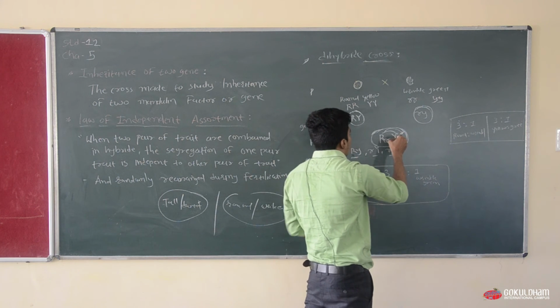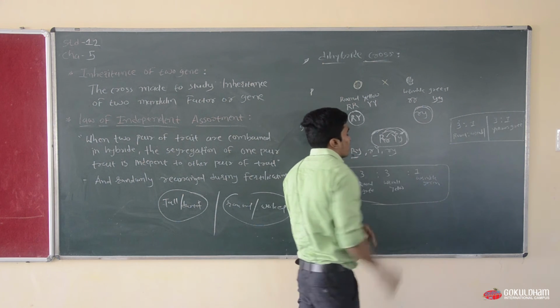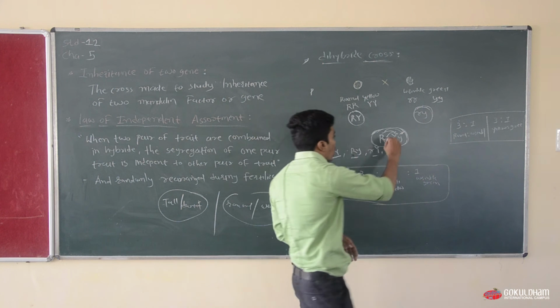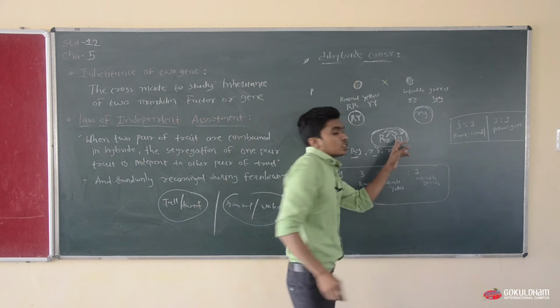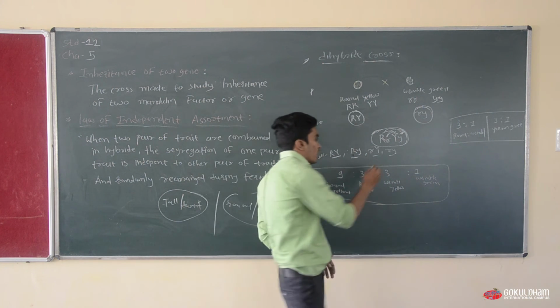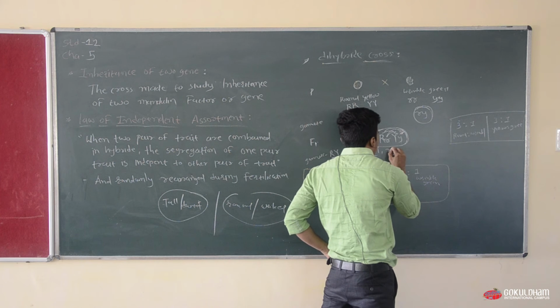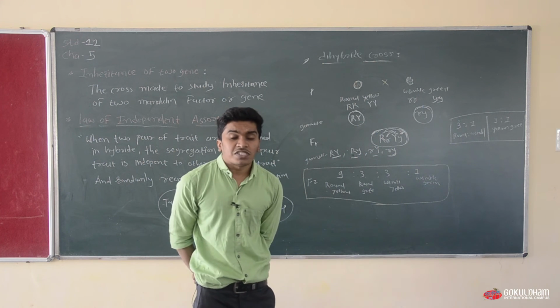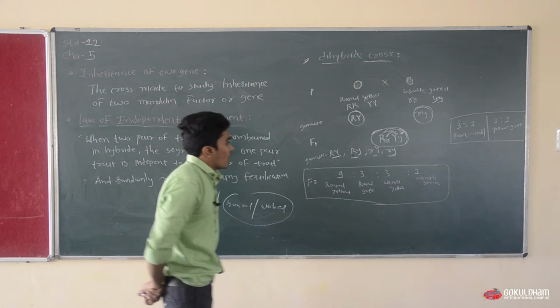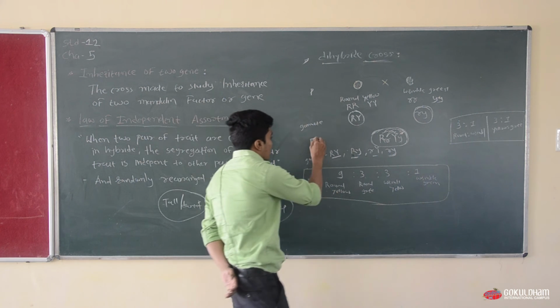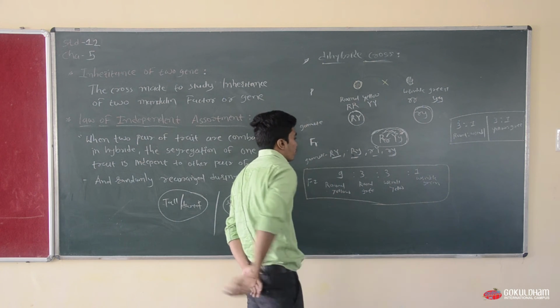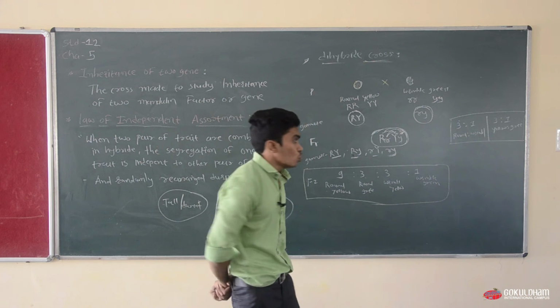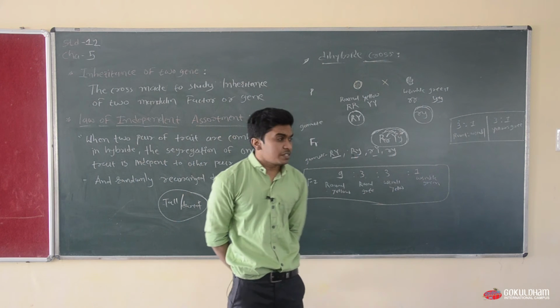Likewise, small r with capital Y, and small r with small y, where small r and small y are both recessive in nature. After the F1 generation, Mendel allowed them to self-pollinate and self-breed.